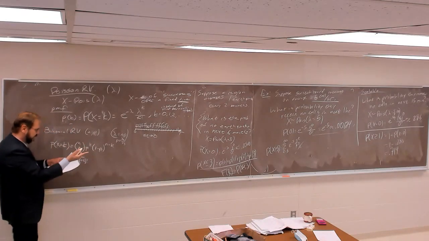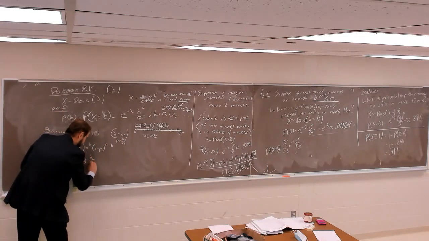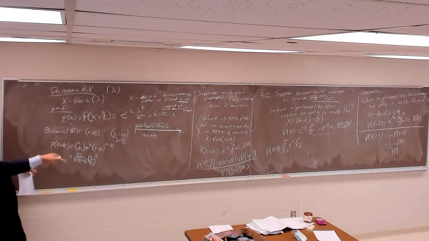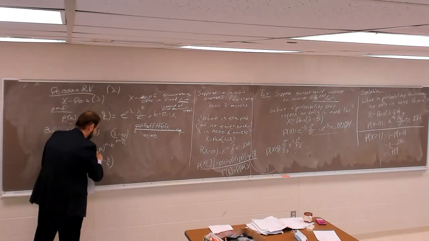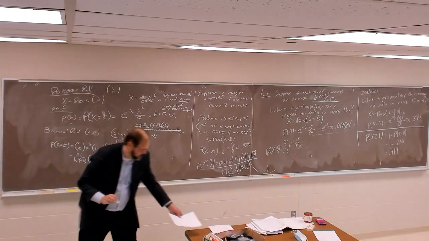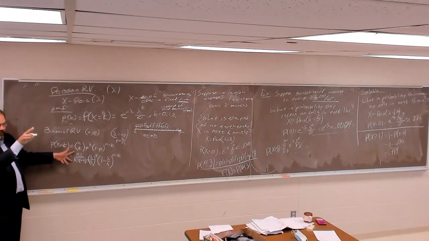And then my p to the k, I'm going to think about as lambda over n to the k. And my 1 minus p to the n minus k, I'll think of as 1 minus lambda over n to the n minus k.